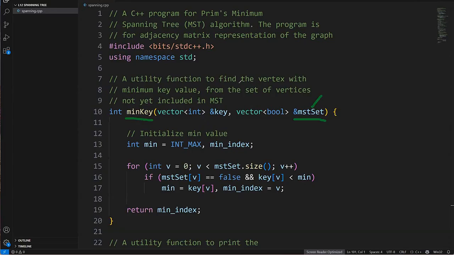This utility wants to find the vertex with the minimum key value from the set of vertices not included in the tree. So your set is the graph that you have already connected. Based on that set, you try to figure out who has the key value that is the minimum, and you will add that into your minimum spanning tree set. Okay, so that's called the minKey function.